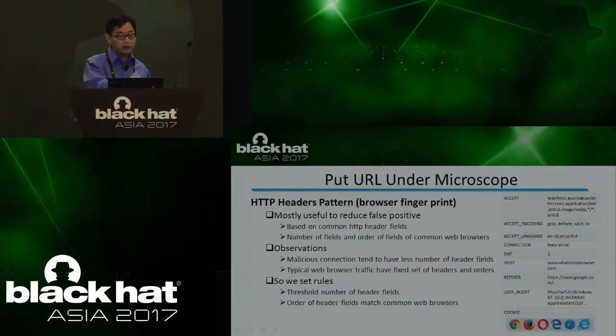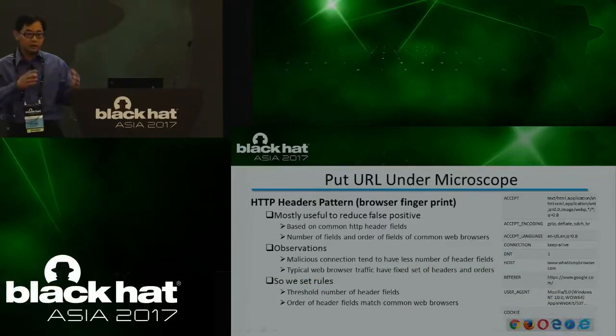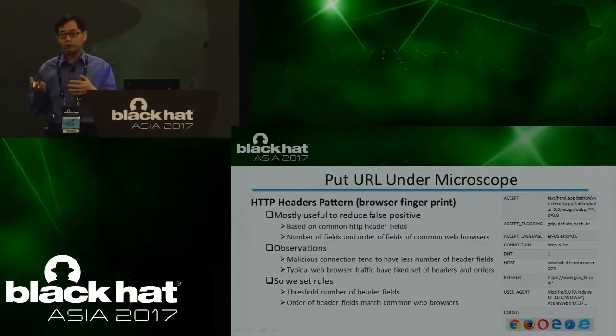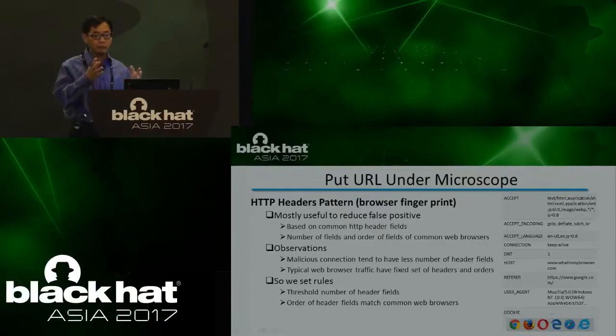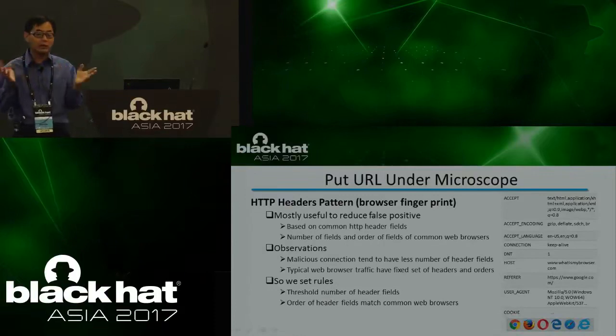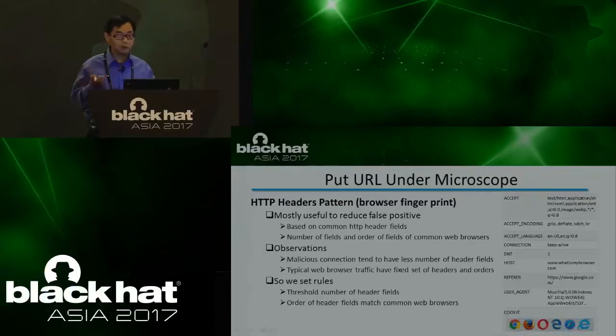Before that, something I mentioned before is that we also look at HTTP header patterns, also called a browser fingerprint. The purpose of this is not detection. It's to reduce false positives, because we found that malware tends to use fewer headers, since they don't do things like cache control or do not track.